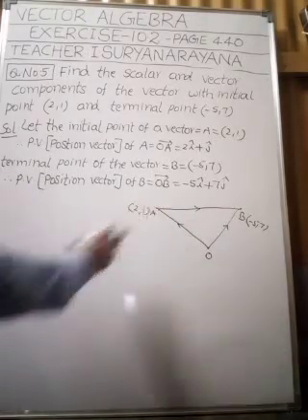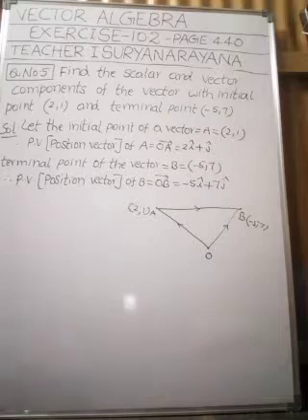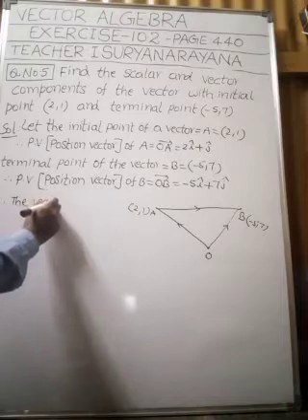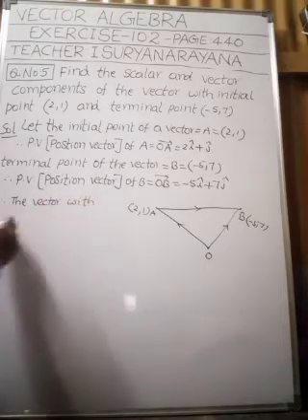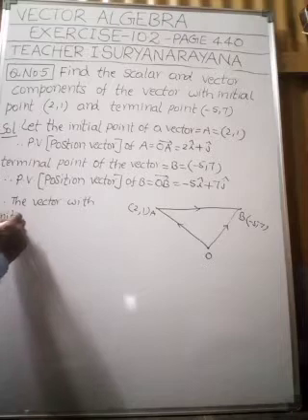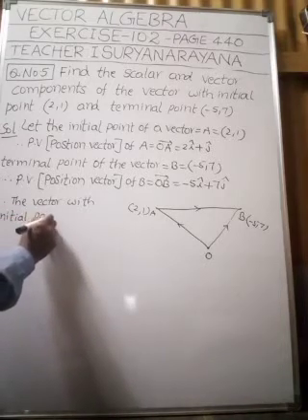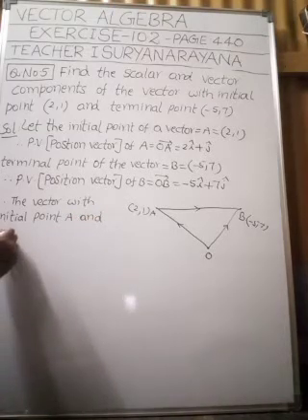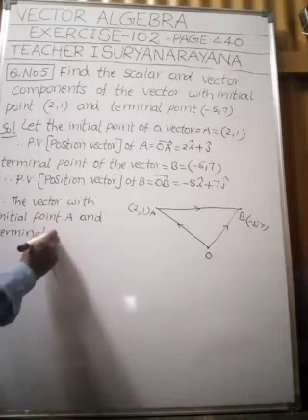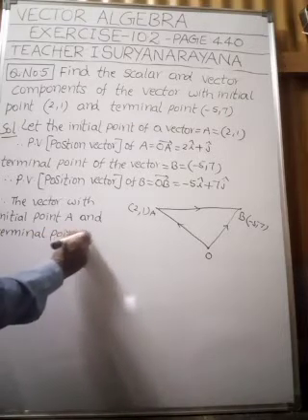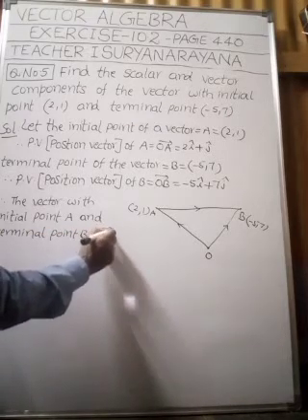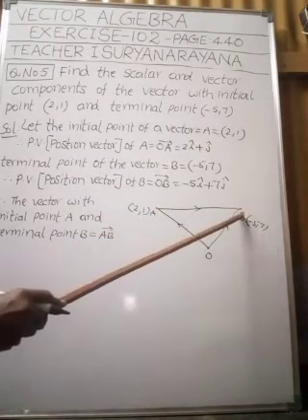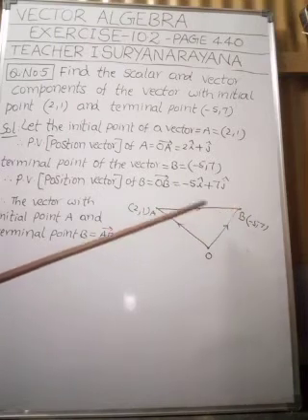It has an initial point A and the terminal point B. Therefore, the vector with the initial point A and terminal point B is equal to AB bar. Okay, my children, this is an initial point and this is a terminal point of this vector. Yes or no, my children?